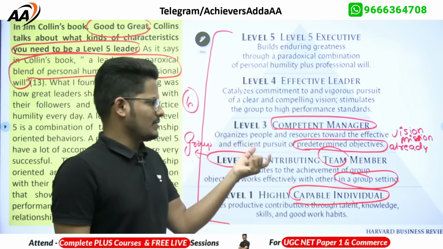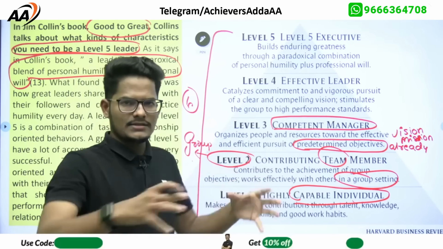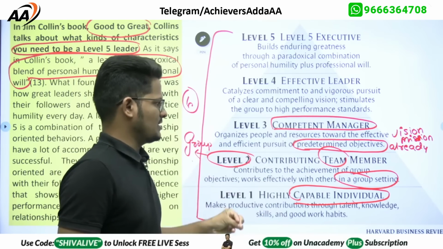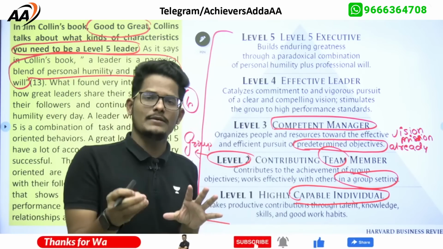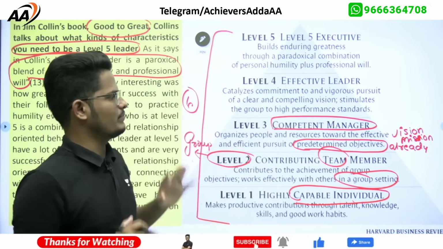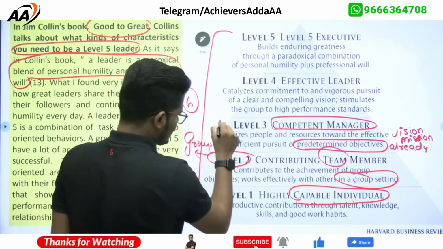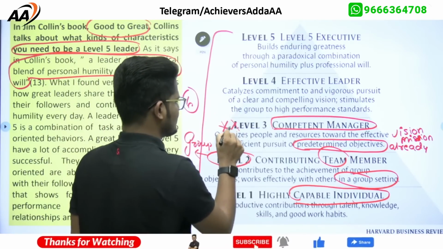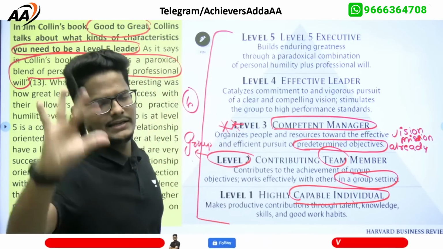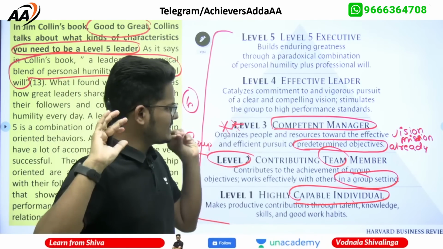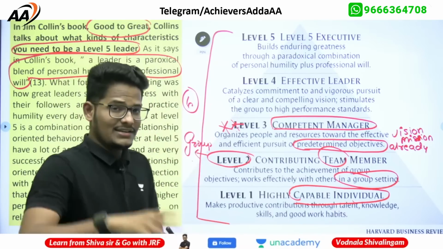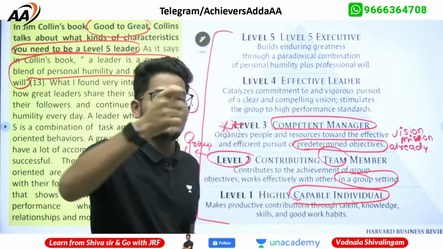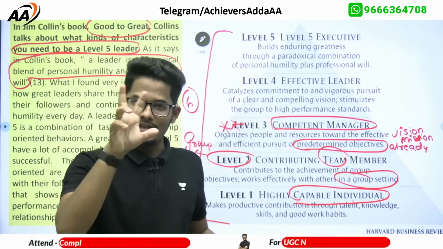They arrange the people and resources effectively and efficiently, and make the people work for the particular goal which the company has already decided. That is a competent manager. In 2020 this same statement was copy-pasted in the exam as it is, without even changing it.